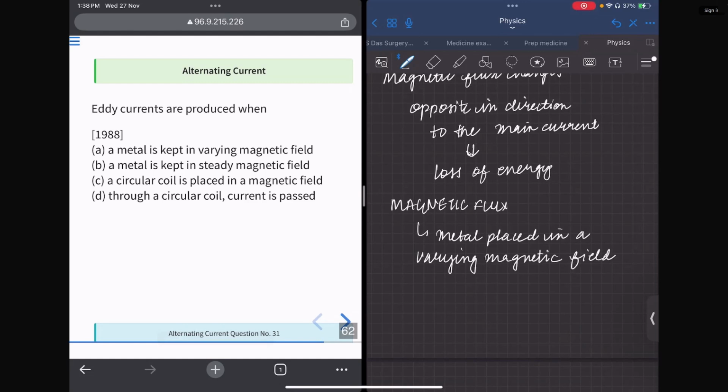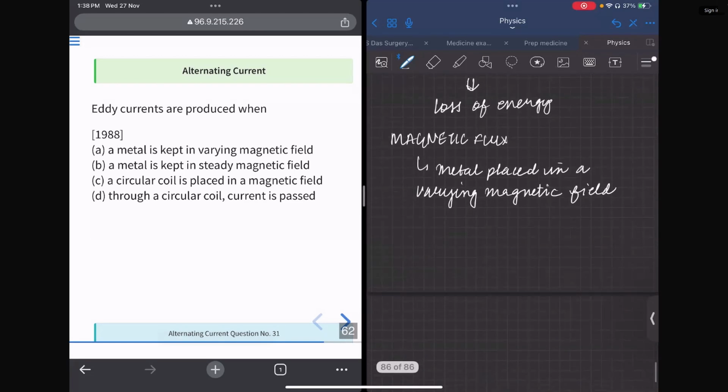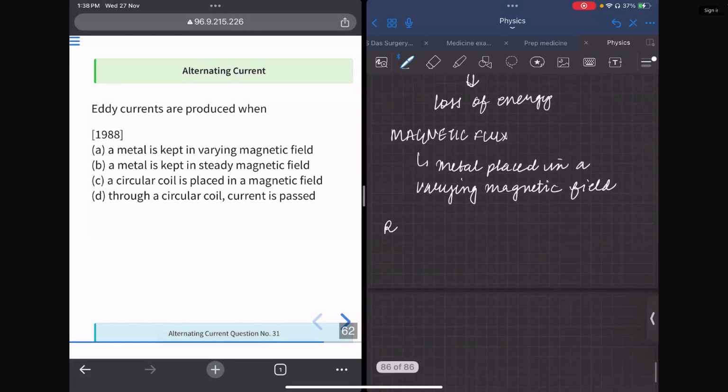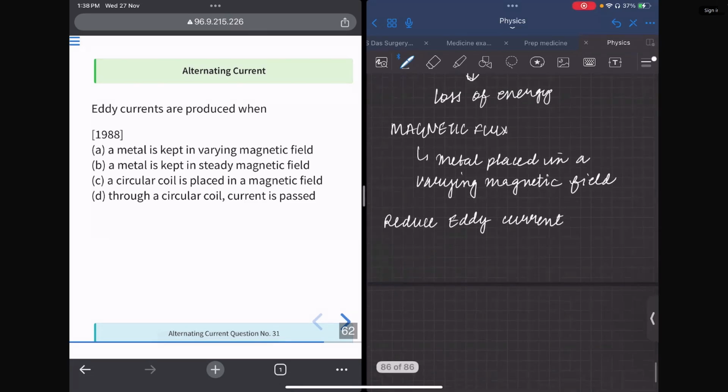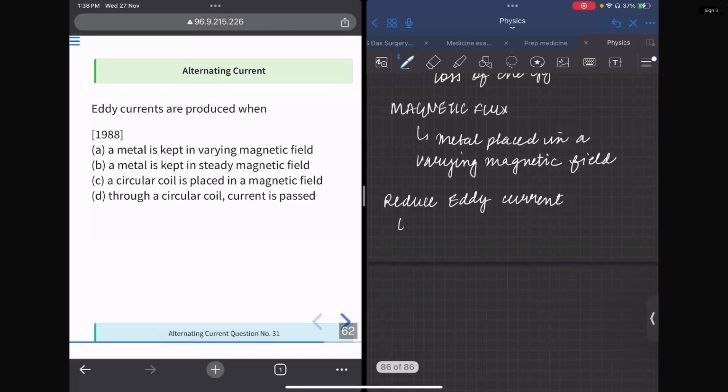And how can we reduce eddy currents? Why do we need to reduce them? Because they are opposite to the current that is produced, so they cause wastage of the current and the energy as a whole. So we need to reduce eddy currents, and they can be reduced by laminating the core.